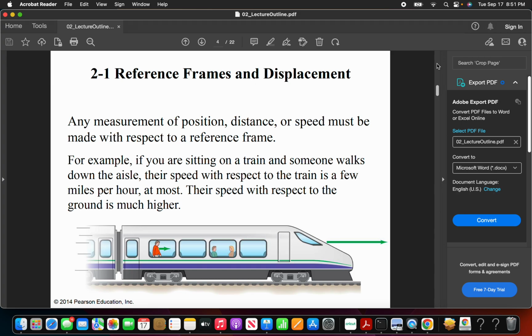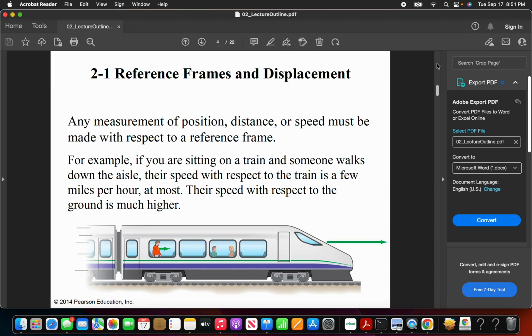All right? Even though all 3 are on the same train. Well, 2 of them are sitting, obviously, right? But those 2, they'll appear to be moving differently.